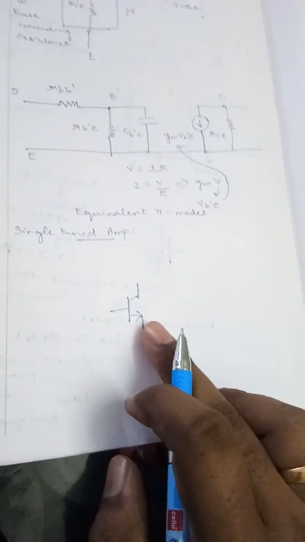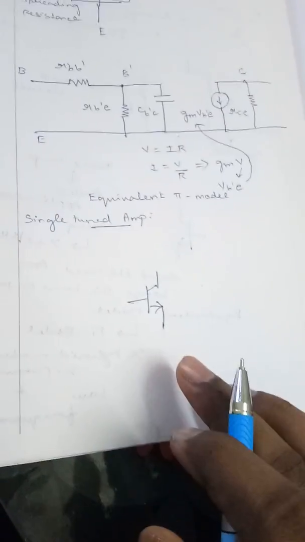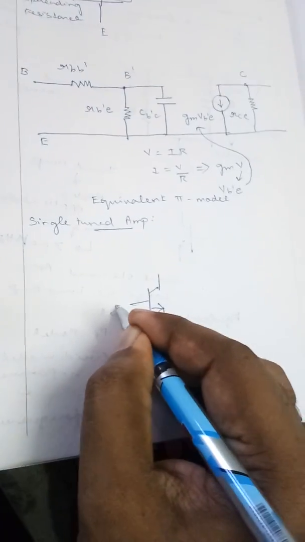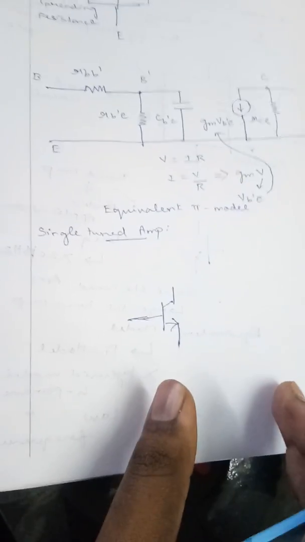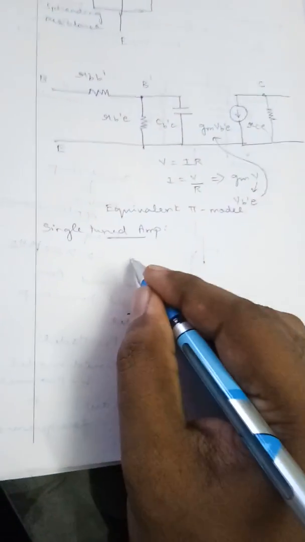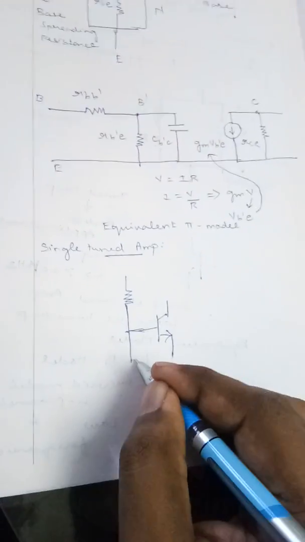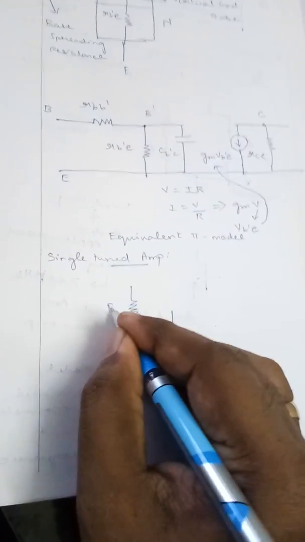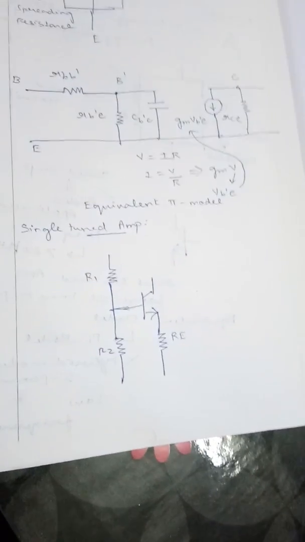Since it is a common emitter configuration, the emitter terminal will be connected to the ground. Now how I am going to connect my circuit is, if I need to apply biasing for this transistor, I am going to apply biasing through two resistors taken as R1 and R2. And if I am going to use a resistor at the emitter side, it will be taken as Re.